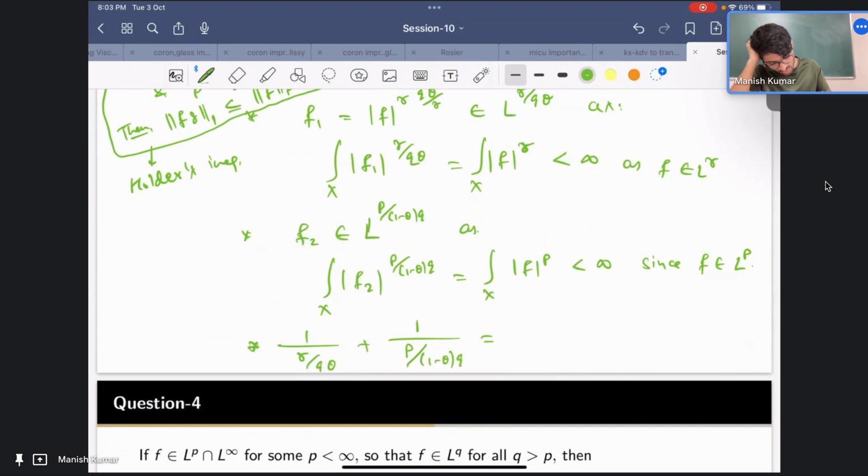If I take this, I'll get q theta by r plus (1 minus theta) q by p.